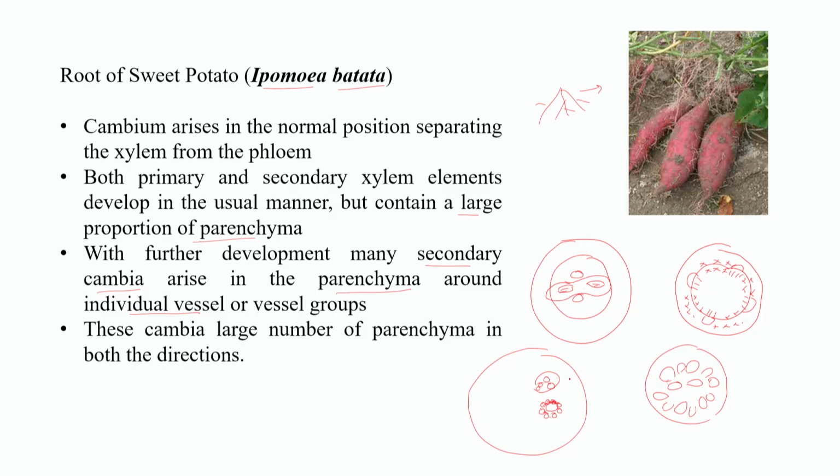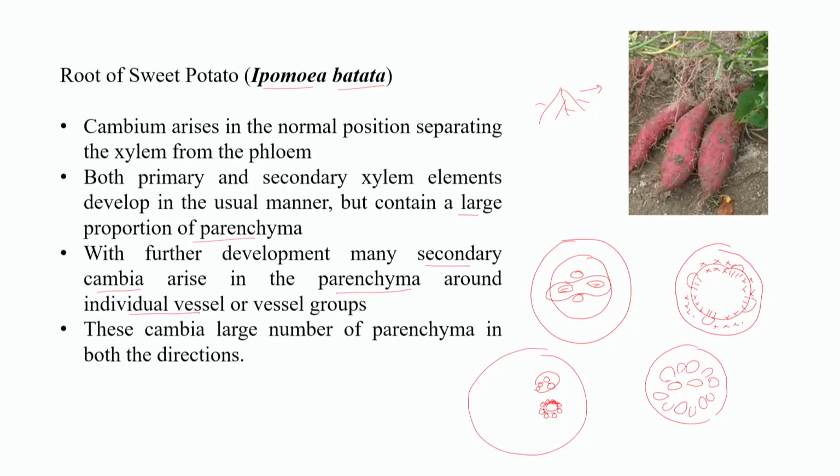As I have told you when we were discussing wood also, parenchyma is also attached there, and there are different ways in which this parenchyma is attached. But as compared to wood, definitely the vessel elements will be very few. A lot of parenchyma will be there when we are talking about these storage tissues, and these extra parenchyma will arise by some cambia around these vessels, and they will give rise to extra parenchyma tissue which will definitely serve a storage function.